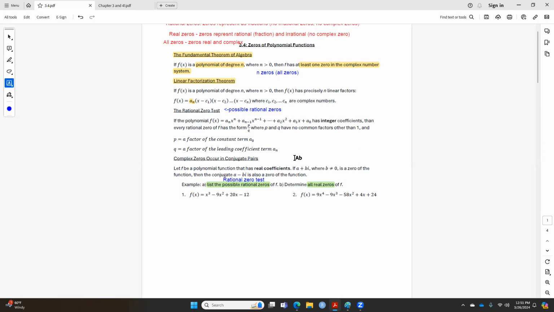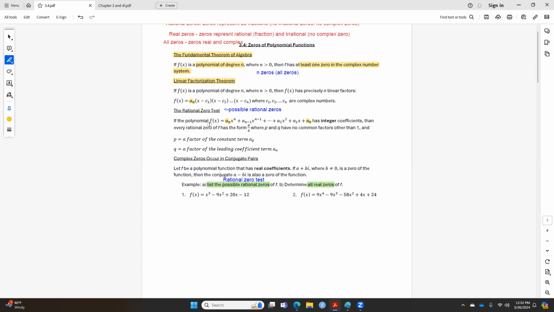Okay. How you figure out your rational zero test depends on two things. One is based on the leading coefficient a_n, and the other one is based on the constant term a_0. a_n is the front one, and a_0 is the back one, with no x.